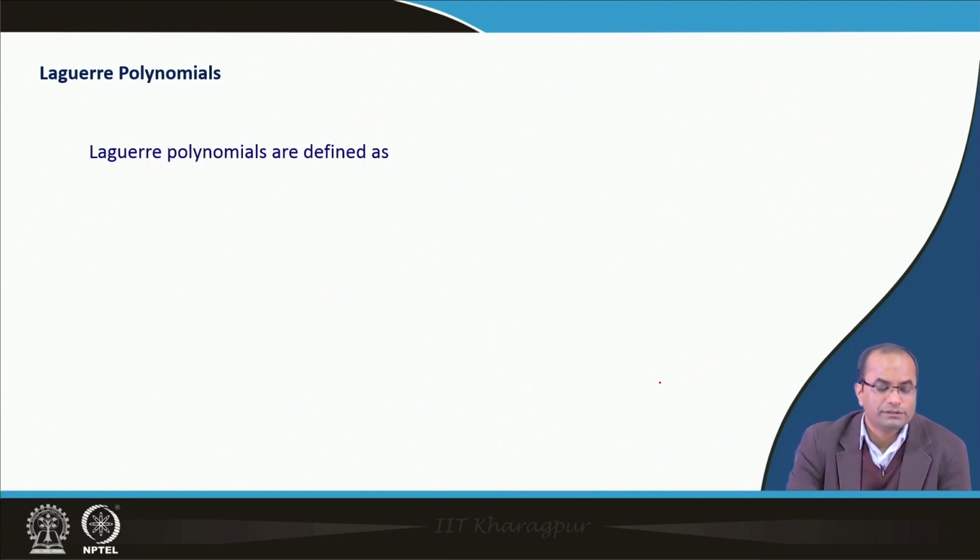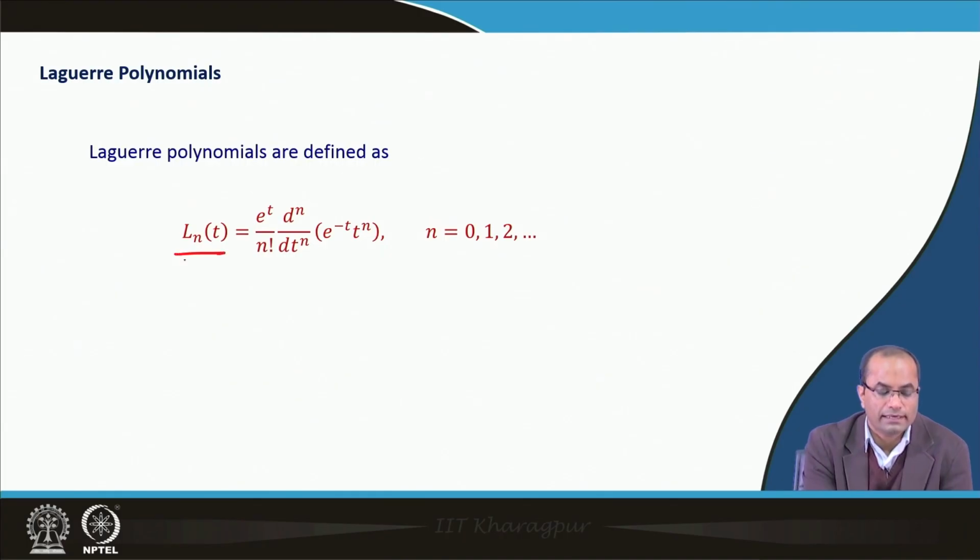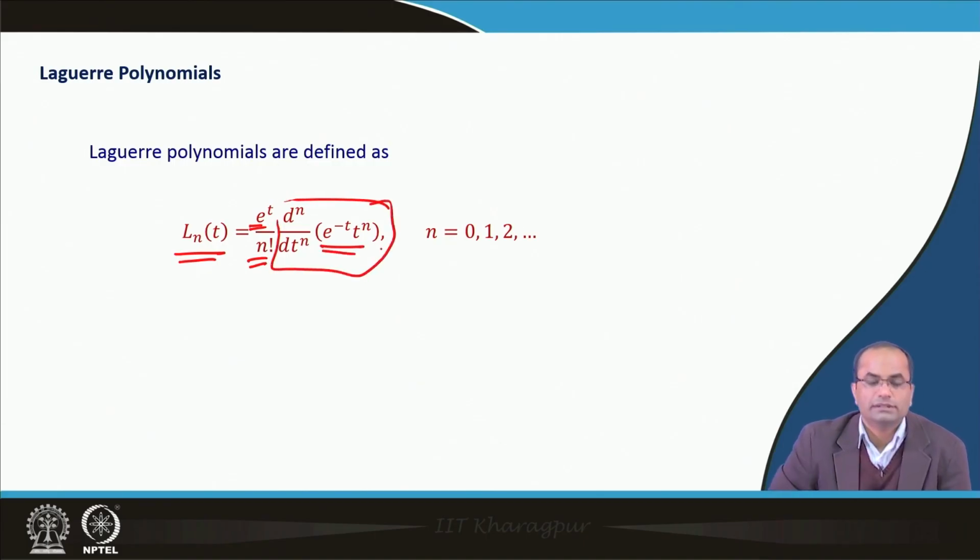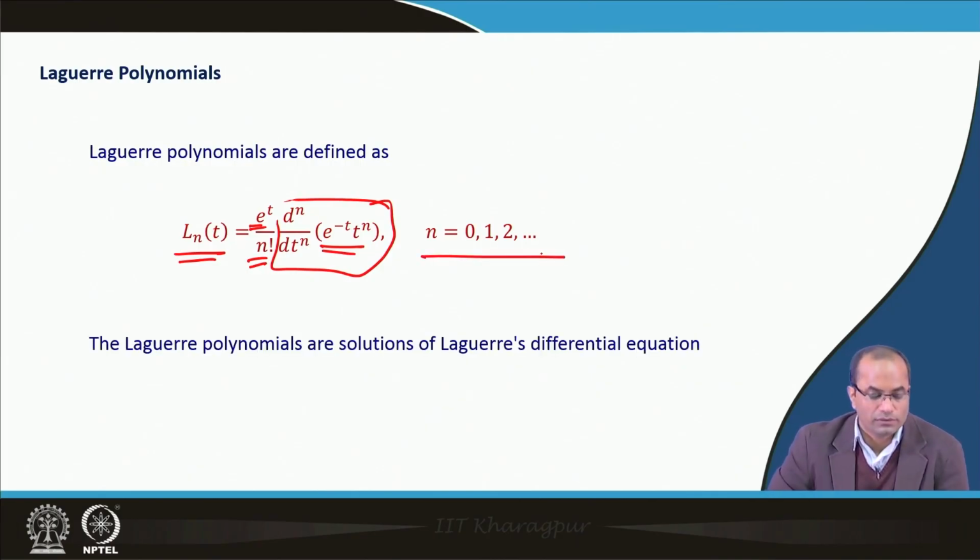The last one, we have the Laguerre polynomials, which are defined as L_n(t) = (e^t / n!) times the nth order derivative of (e^(-t) t^n), for n = 0, 1, 2 and so on.